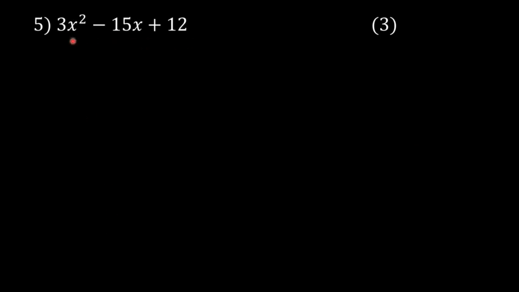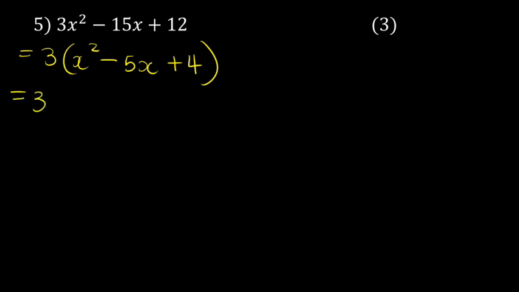For number 5, I see this is a trinomial, but I can take out a highest common factor of 3 first before I can actually factorize the trinomial. So I'll say 3, that means I have x squared, then minus 15 divided by 3 gives me 5, I have the x, and then 12 divided by 3 will give me 4.